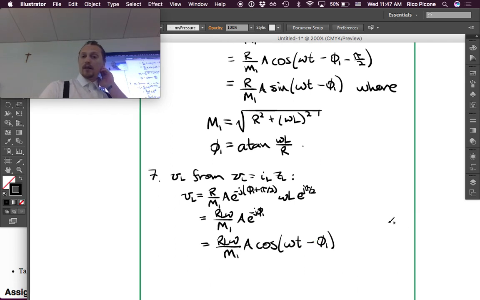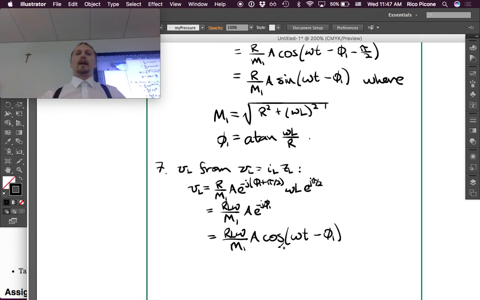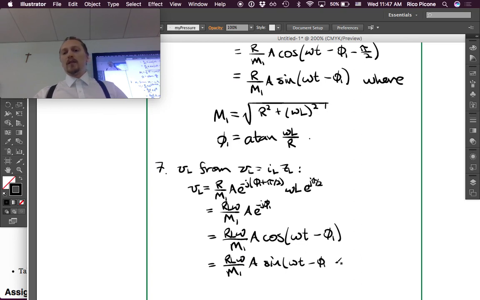Now, that's great, but once again, we had a sine input, so we should probably change that into a sine: RL omega over M1 times A sine of omega t minus phi1 plus pi over 2. So that's our phase shift for the sinusoid.